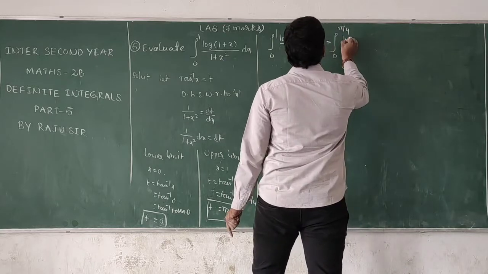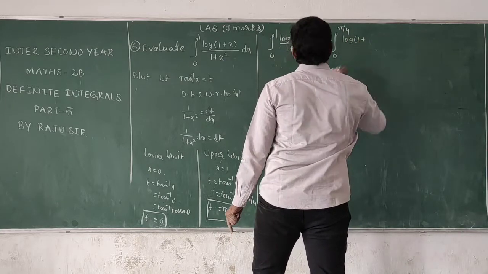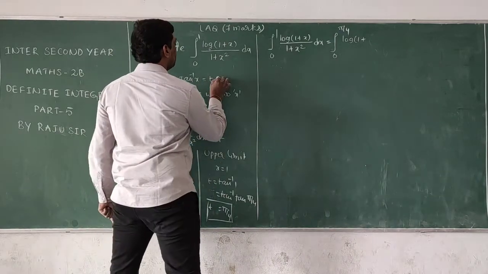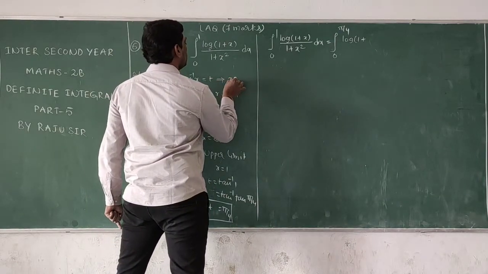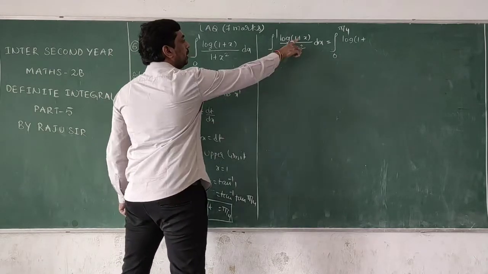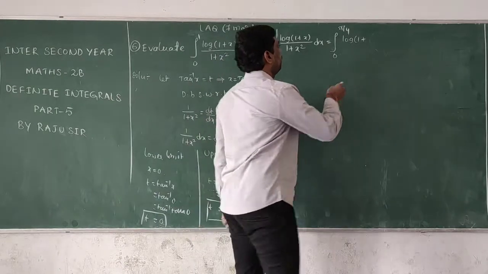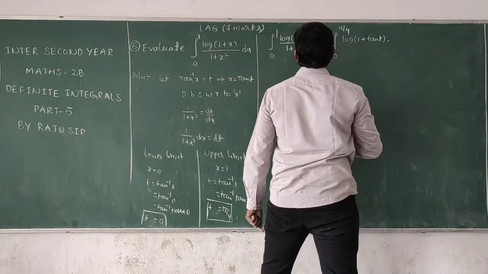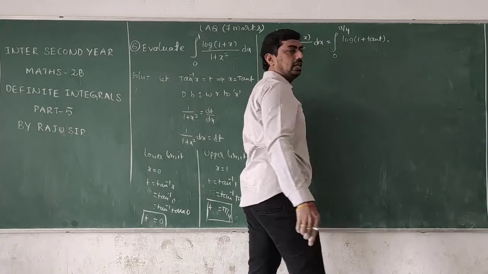Log of 1 plus x. Tan inverse x equal to t, so x equal to tan t. In the place of x we can substitute tan t, giving 1 plus tan t, into 1 by 1 plus x square into dx.